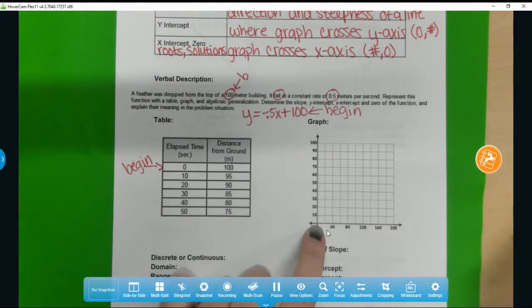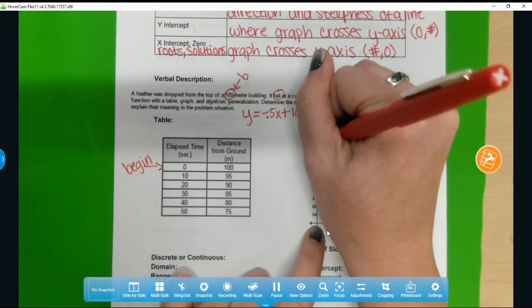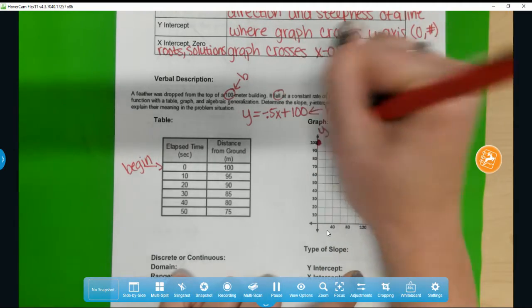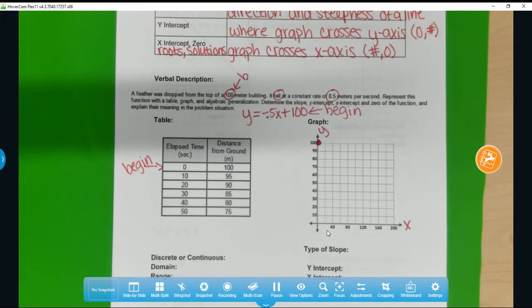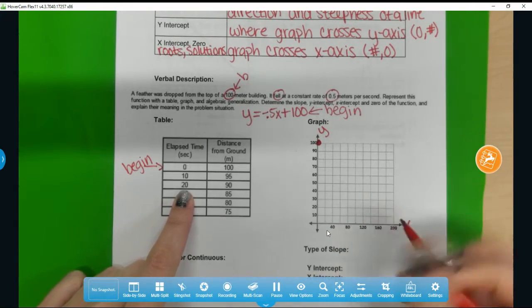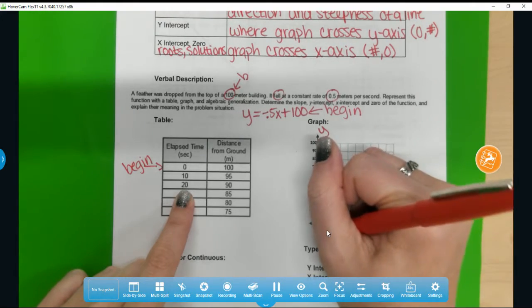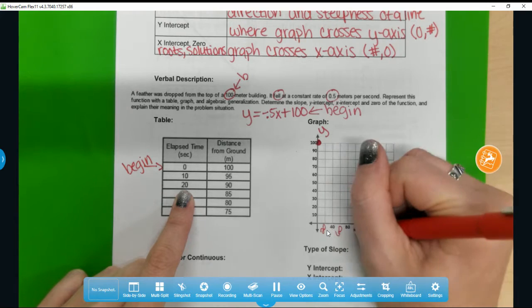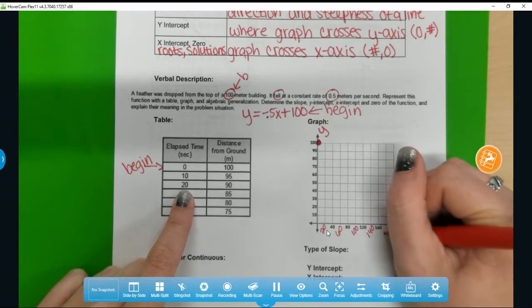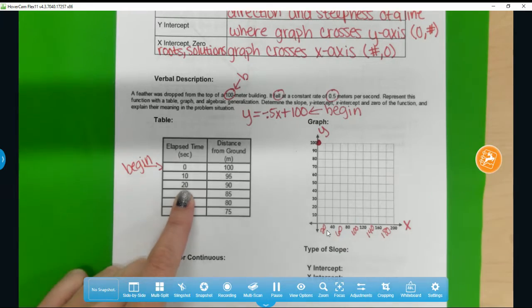So we're going to start at 0, 100, because this is x, this is y. And then we're going to just kind of graph the whole numbers. So our graph is counting by 20s. So I'm going to focus on those values that are going to be easier to graph.